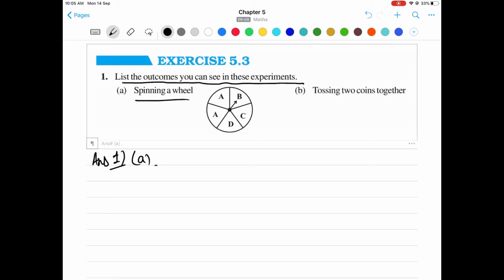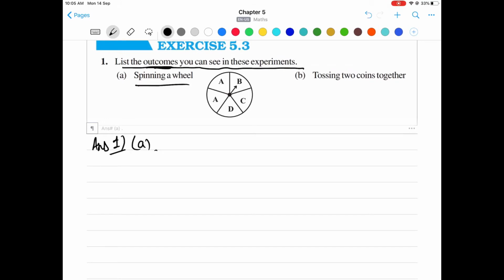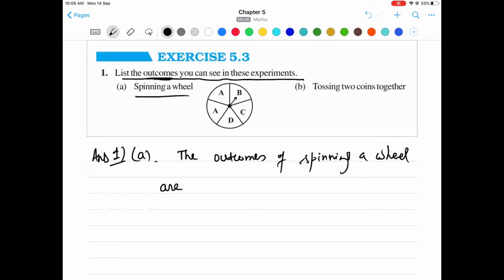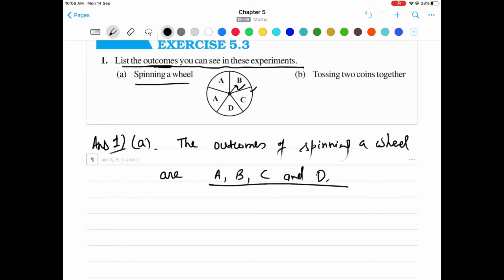So we have this wheel which has 5 alphabets written on it, which are A, B, C and D. So we'll write the outcomes of spinning a wheel are either A, B, C or D. When you spin this wheel, the pointer will stop at alphabet A, B, C or D. So the outcomes of this event are A, B, C and D.